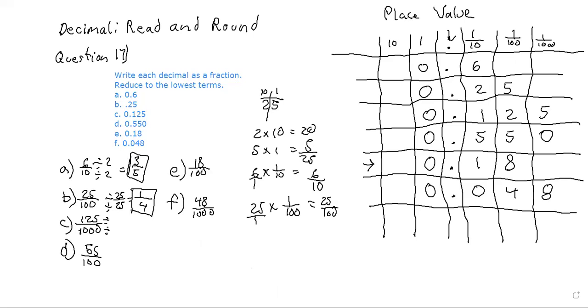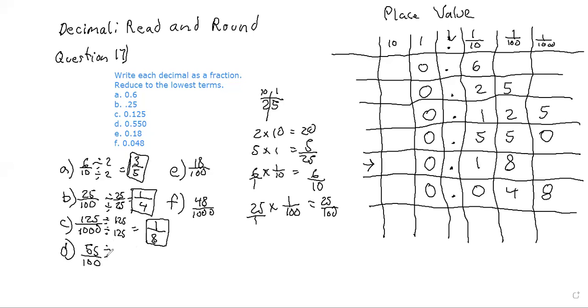No, 125. I'm sorry, not 25, 125. So we divide the top and bottom by 125. And we're going to get 125 divided by 125 is 1, 1,000 divided by 125 is 8. So the lowest equivalent fraction is going to be 1/8.